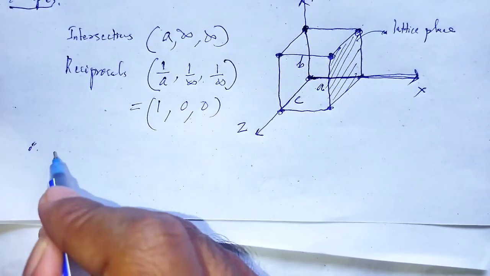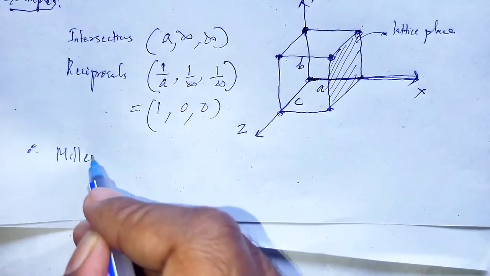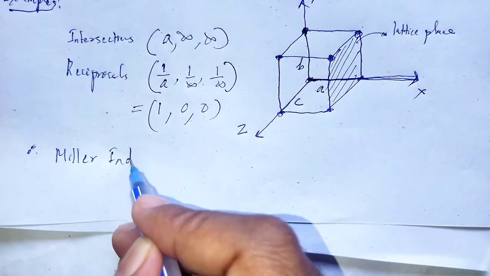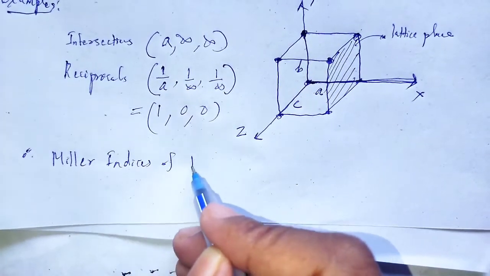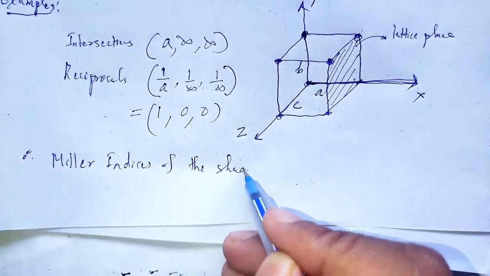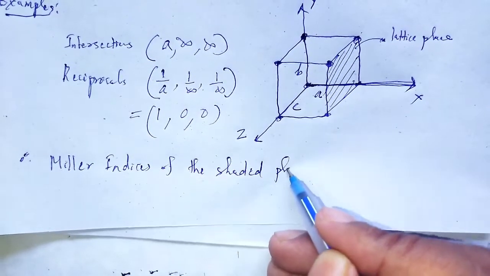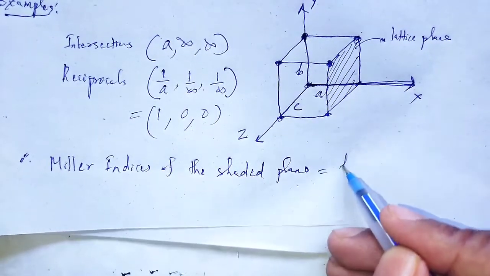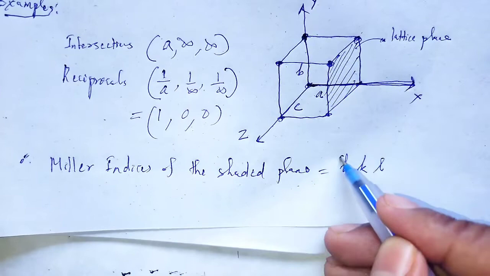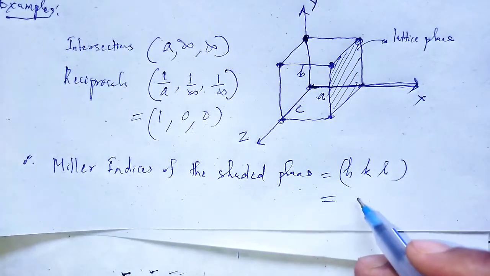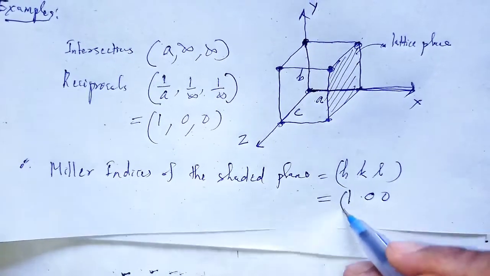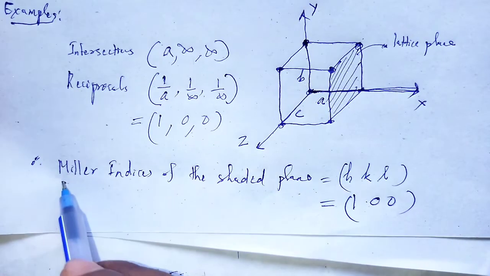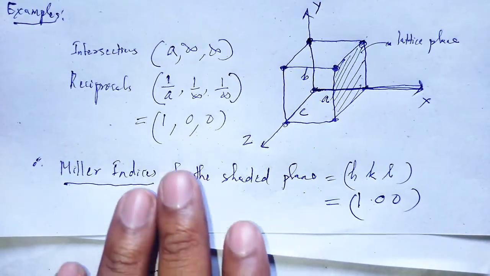Therefore, the Miller indices of the shaded plane, represented as h k l, is 1 0 0. No such comma is used in writing the Miller indices.